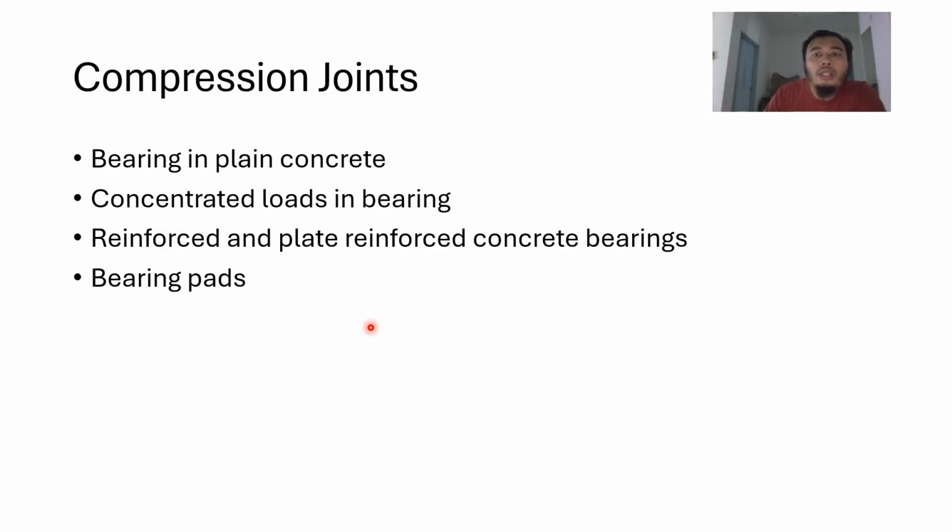So next, we want to start designing. First one is compression joints. You have compression joints, tension joints, moment joints. So the first one is compression joints. The types of compression joints will be bearing in plain concrete, designed for bearing in plain concrete, and then concentrated loads in bearing.